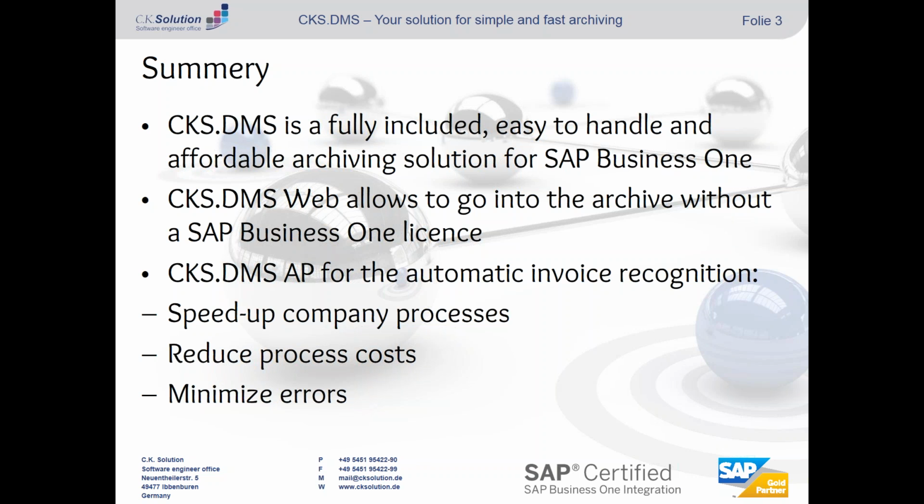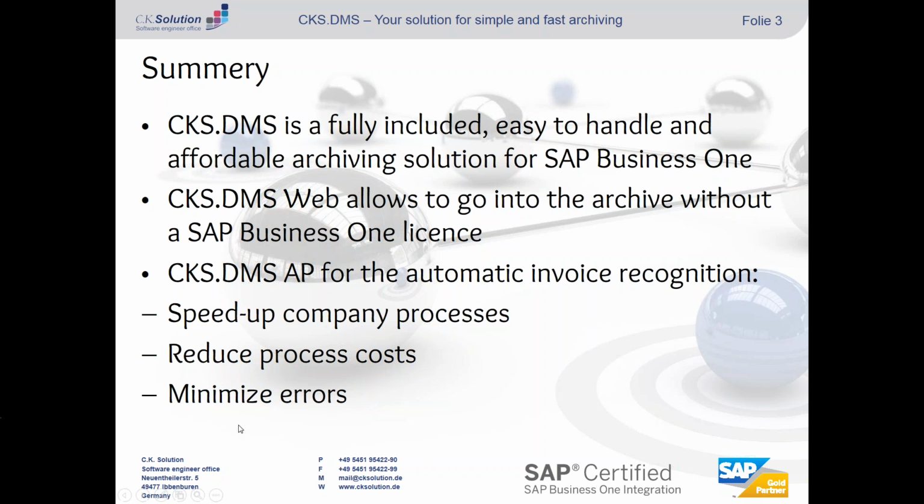And of course you saw CKS DMS AP, where you have the possibility to automate your invoice handling and to create a draft in your system in a very fast way, which will speed up your company processes, of course, because it's not necessary to enter all the details manually.